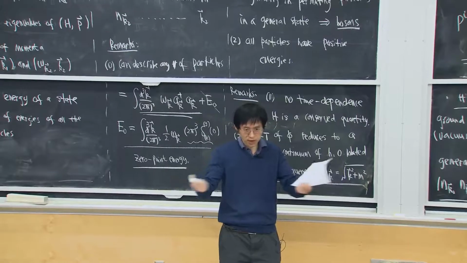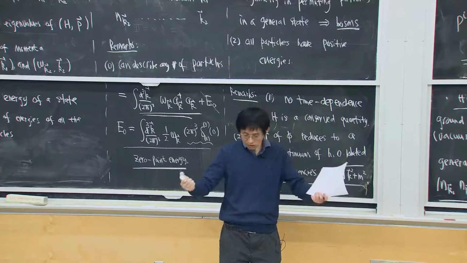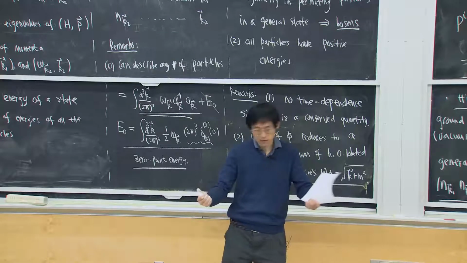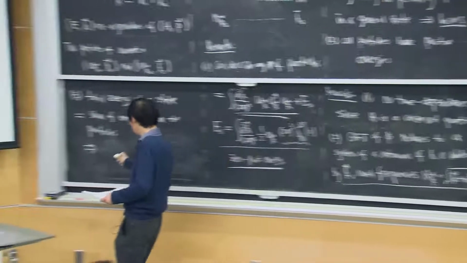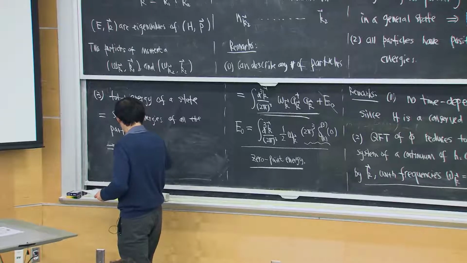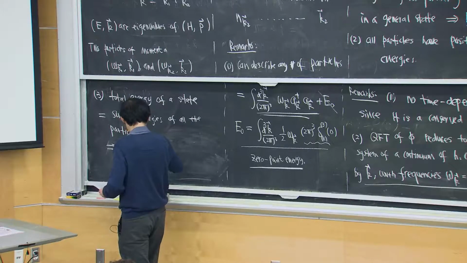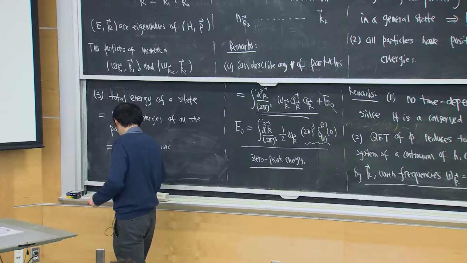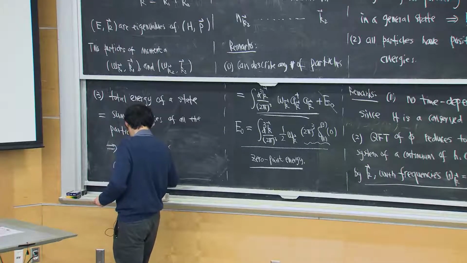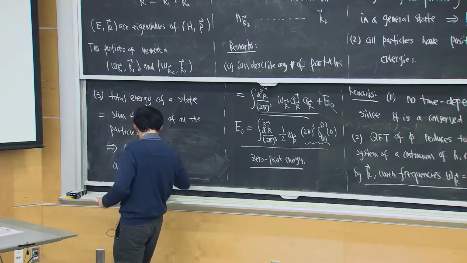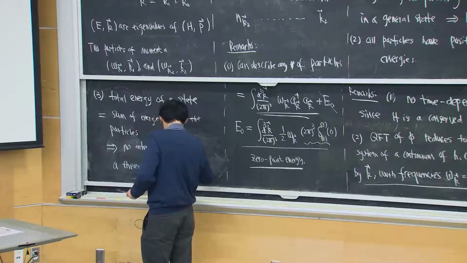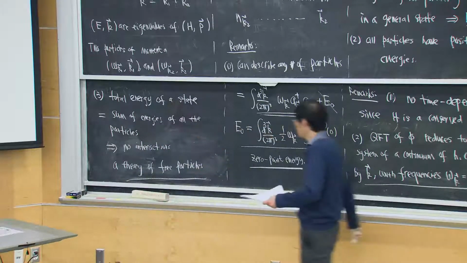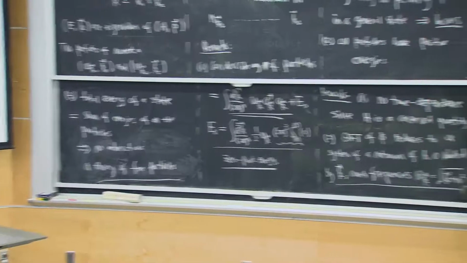When you put the two particles together, it will no longer be the sum of the individual energies for each particle. So that tells you there's no interactions. So this is a theory of free particles. And this is a good starting point. At least now we have particles.